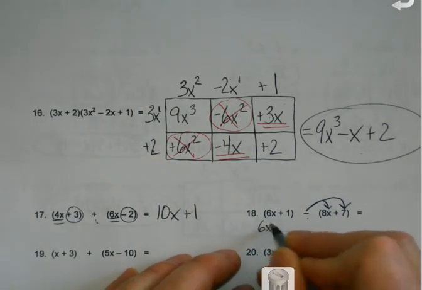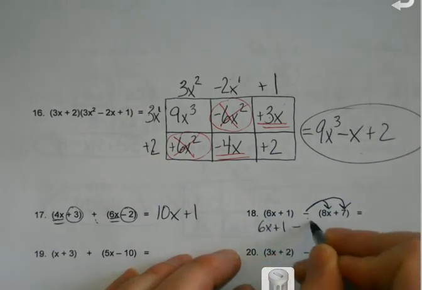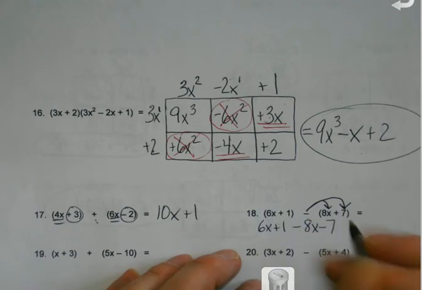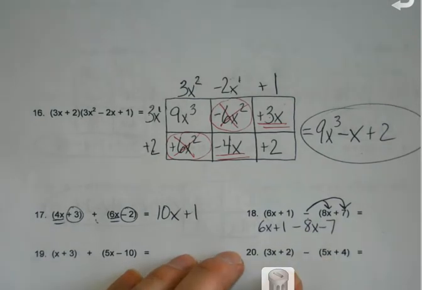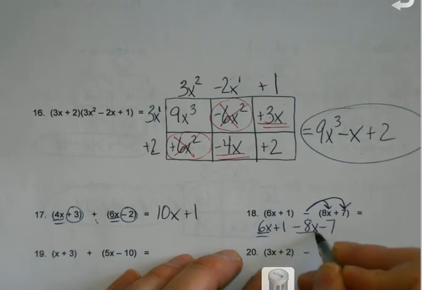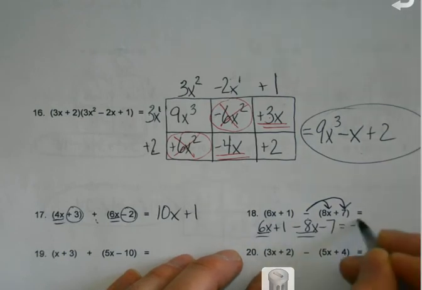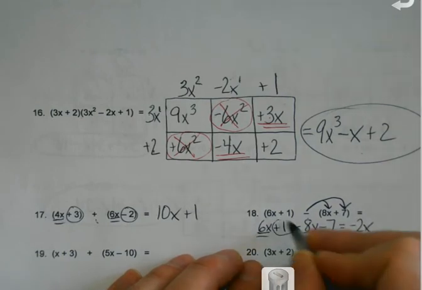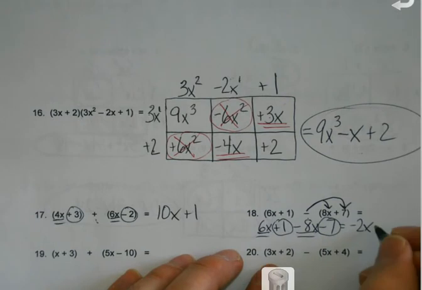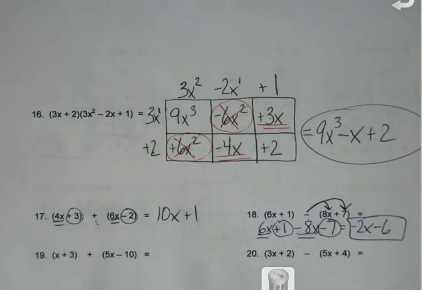The only time the box is a successful method is if it's multiplying, if there's no plus or minus in the middle of my sets of parentheses. Otherwise, I have to just do the adding or subtracting that's there and get my answer.